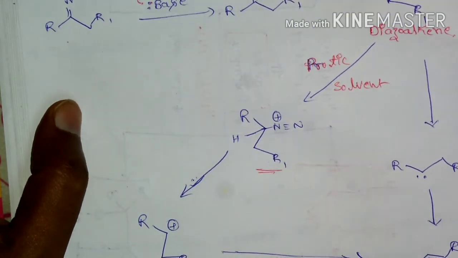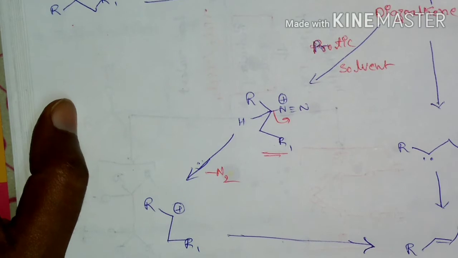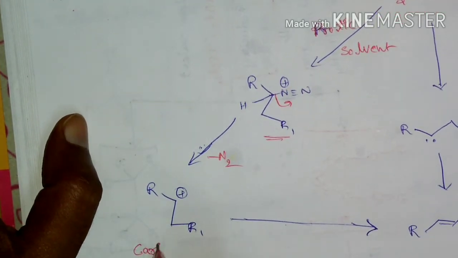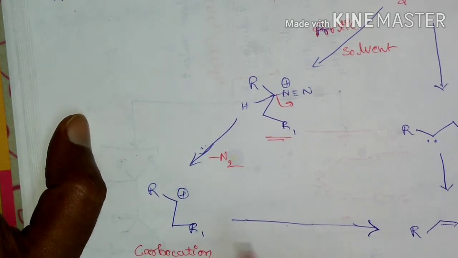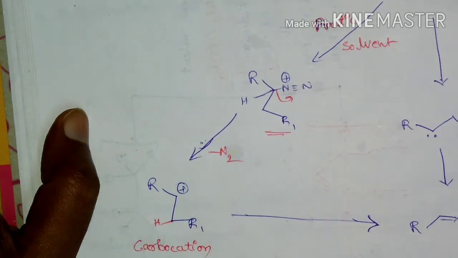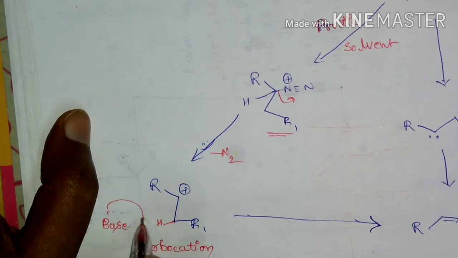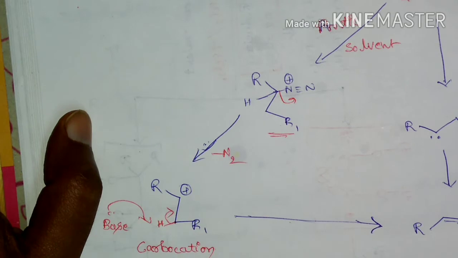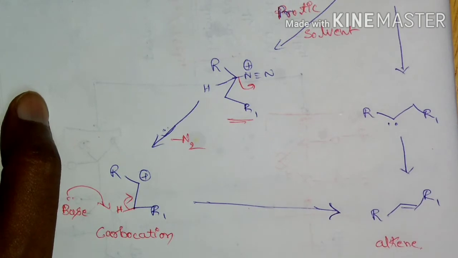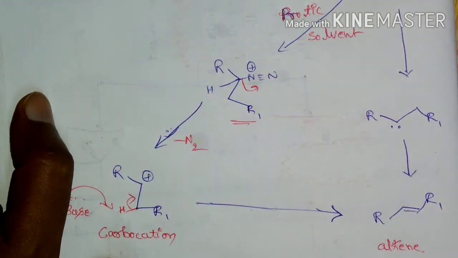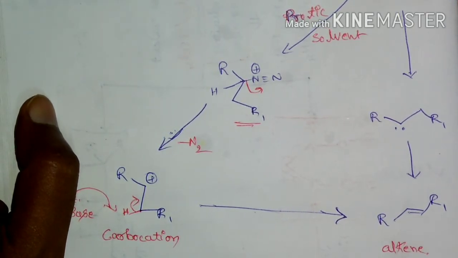This is not stable, it is going to lose nitrogen, and it leads to the formation of the intermediate carbocation. Then whatever base is present is going to abstract this proton and it leads to the formation of alkene. So this carbocation will be formed only if the reaction is carried out under protic solvent conditions.